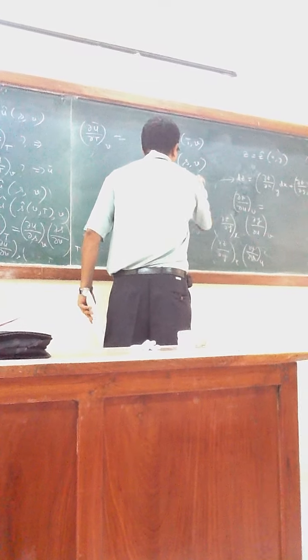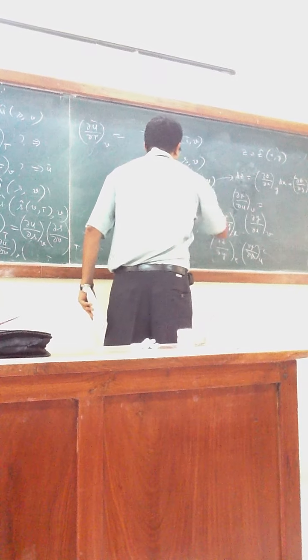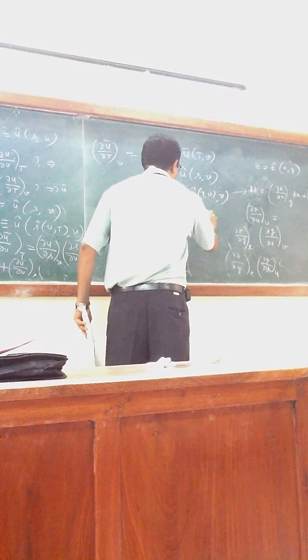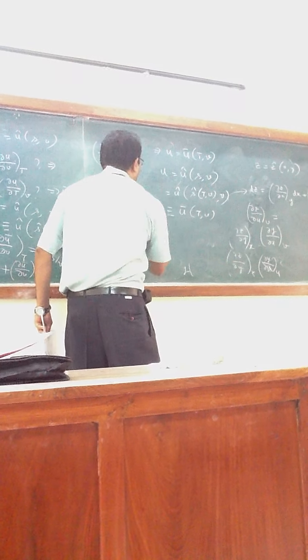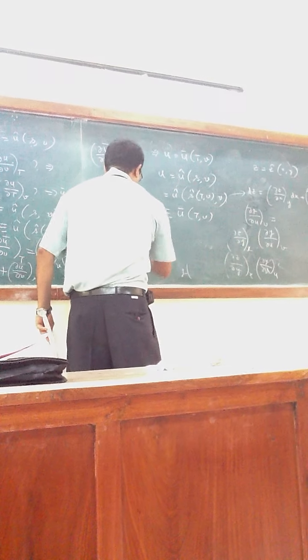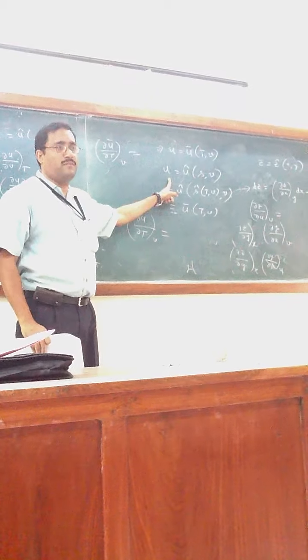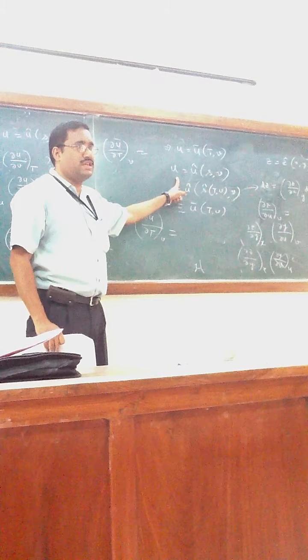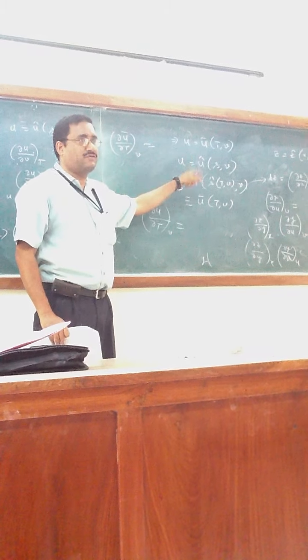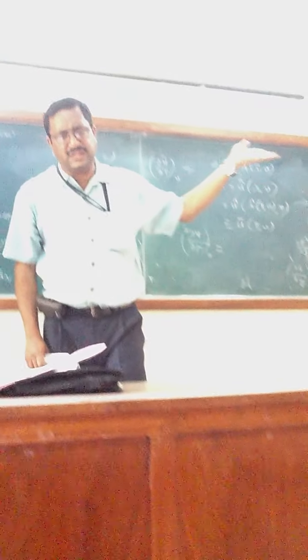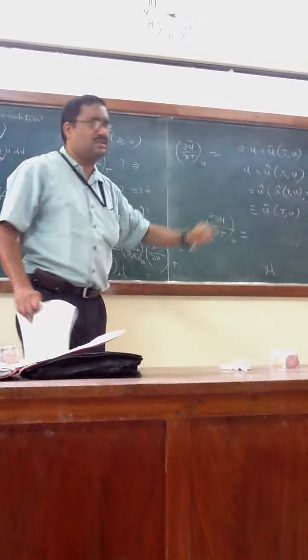So we have to express as t and v, and that is nothing but ū(t, v). Now, ∂u/∂t at fixed v. If you want to do that, you take the original function, which is based on the combined first and second law of thermodynamics, which is du equals ∂u/∂s at fixed v ds, we have done long back, plus ∂u/∂v at fixed s dv. If you do that, what's the answer?